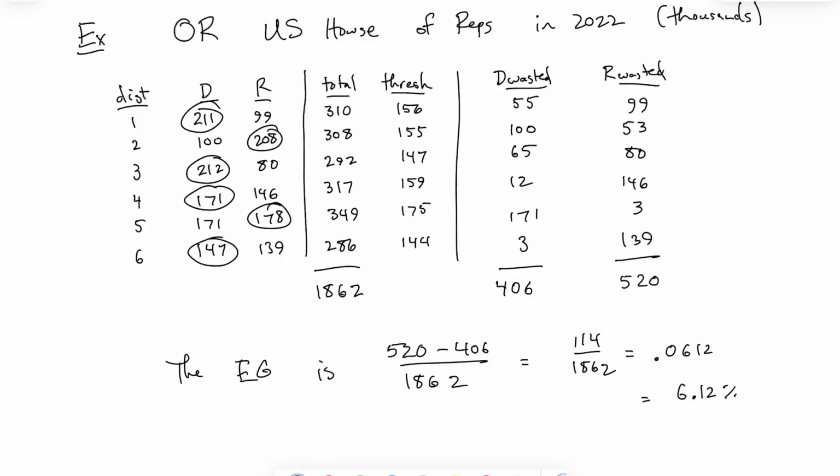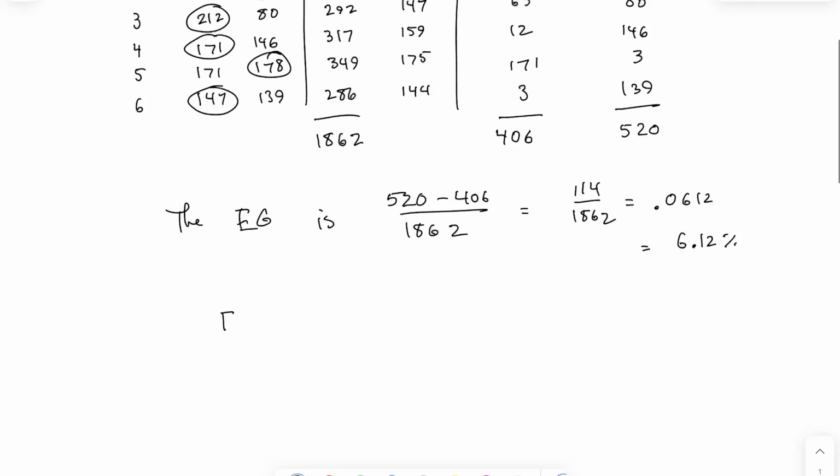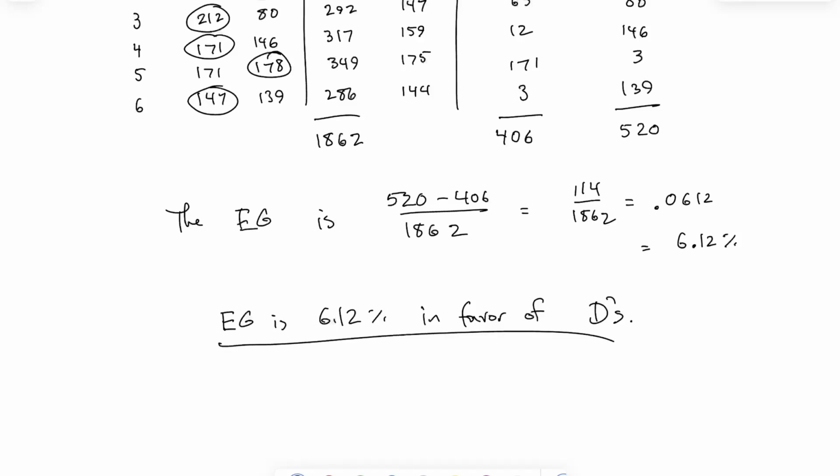That's your interpretation of what that percentage means. All right. And we always say the efficiency gap is... So I would write this as the efficiency gap is 6.12% in favor of the D's. That's because the R's wasted more, and so this arrangement is beneficial to the Democrats because the Republicans wasted more. All right, and that's how I'm gonna expect you to write your answer.